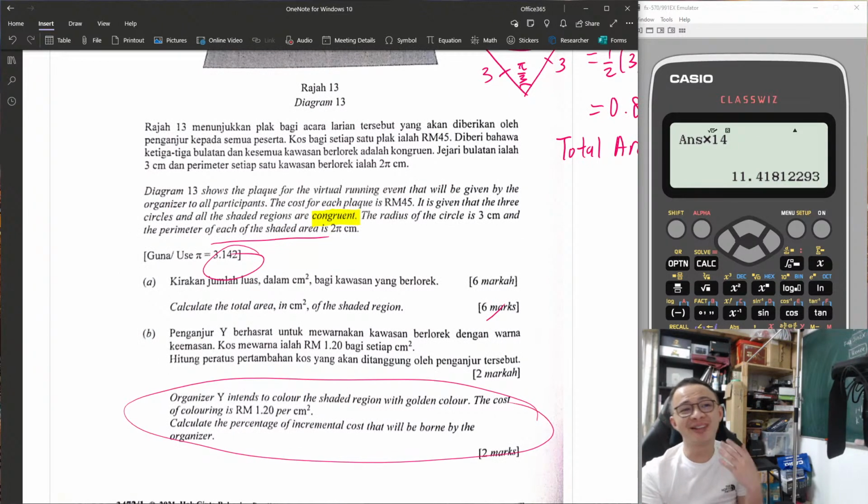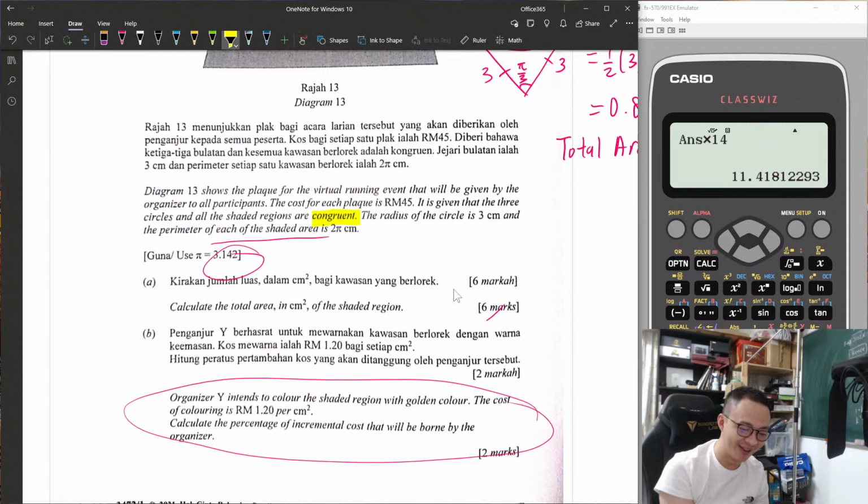So this organizer intends to color the shaded region with gold color. The cost of coloring is 1 ringgit 20 cents per centimeter square. So calculate the percentage of incremental cost that will be borne by the organizer.